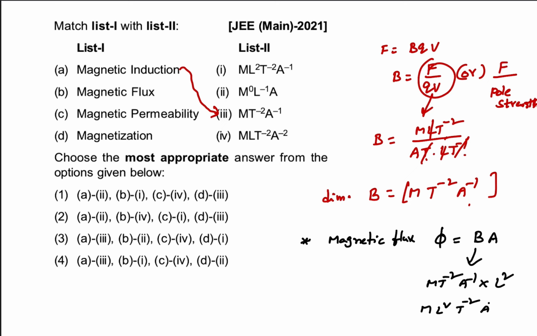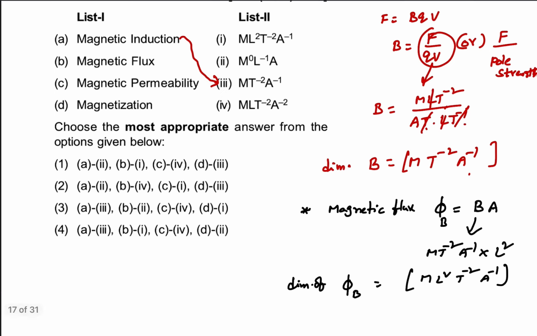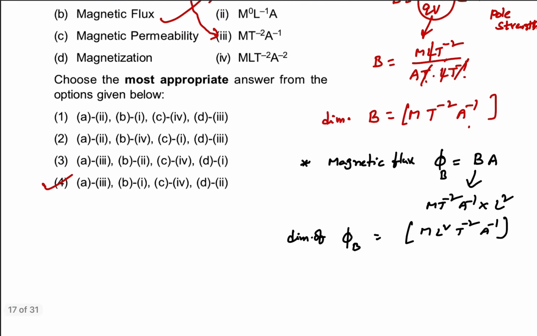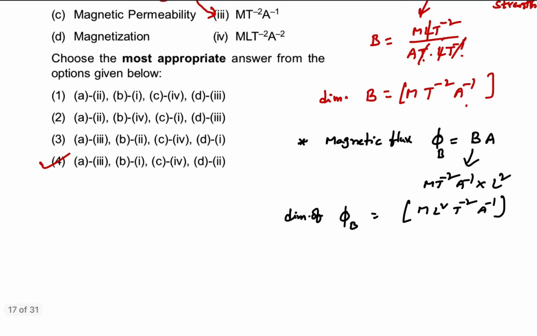So finally M L square T power minus 2 A power minus 1. This is the dimension of magnetic flux, I am writing phi suffix B. Where is M L square T power minus 2 A power minus 1? Sorry, second one, B is matching with 1. So you can take the first, fourth option. If you want, you can check the remaining also.